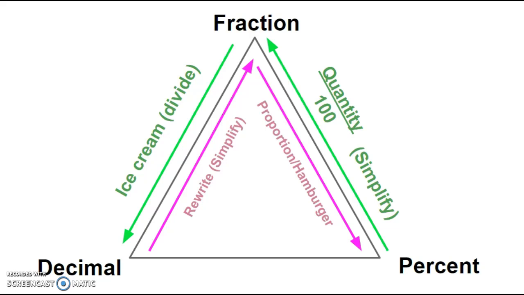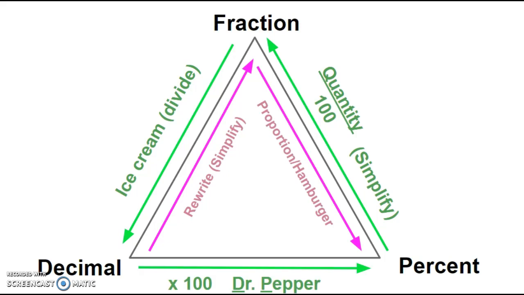And then what you do to the bottom, you do to the top, so you multiply 1 times 50, which gives you 50%. We call this hamburger because after you move from the left to the right, or the right to the left, it looks like a hamburger bun on top and bottom. So ask your student to set that up, 1/2 equals percent over 100, and see what that looks like.